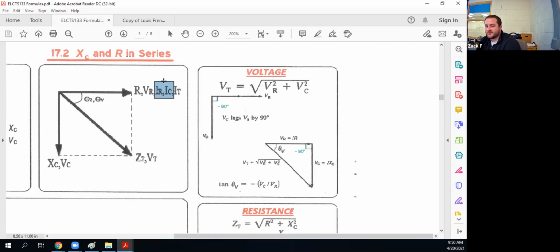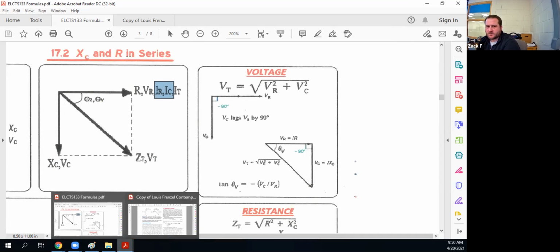IR, okay. I wonder if that's in the question, it's supposed to be I sub R. Anyway, the phase shift is 0 degrees. Anybody remember seeing that question in the book?